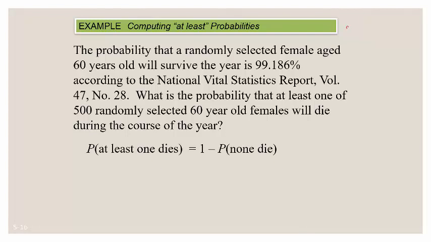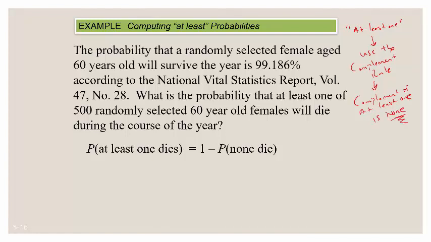So here's the thing, whenever we do these "at least one" problems, you're going to use the complement rule. You can see it right here. All right, so what is the complement of at least one dies? The complement of at least one is none.